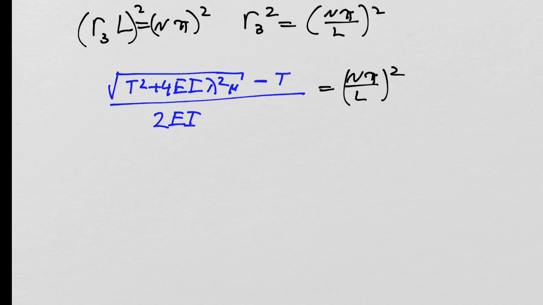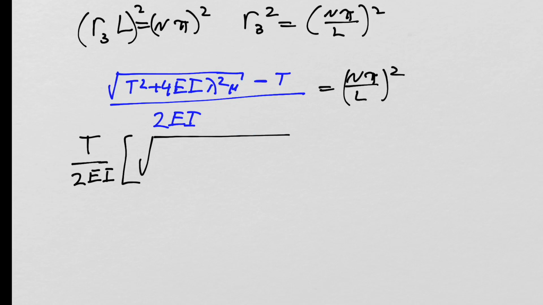So that guy equals n pi over L squared, right? So now I'm going to take a T over 2EI out of the whole thing, right? So I can do that from the square root. Let me make sure I'm getting this correct. T over 2EI, and what's left behind is going to be a square root of something, and the first part will be 1.